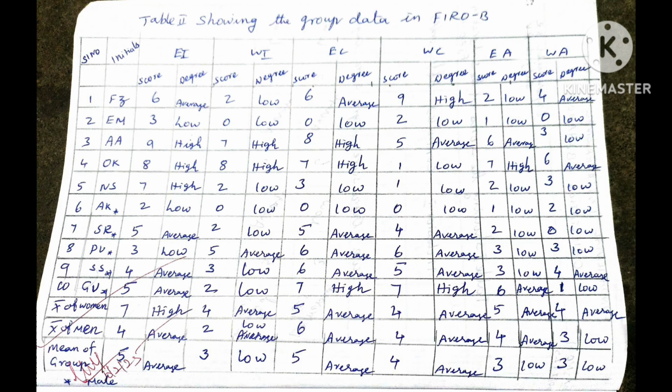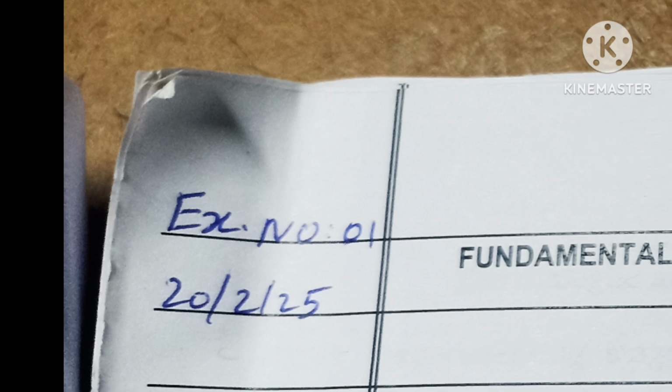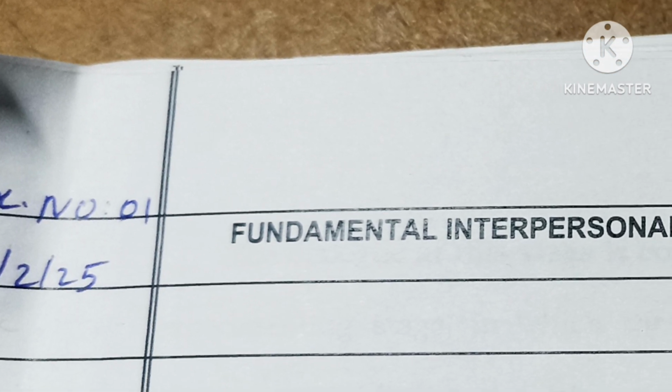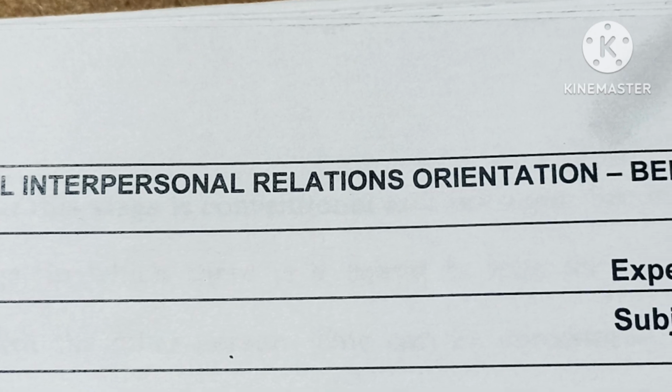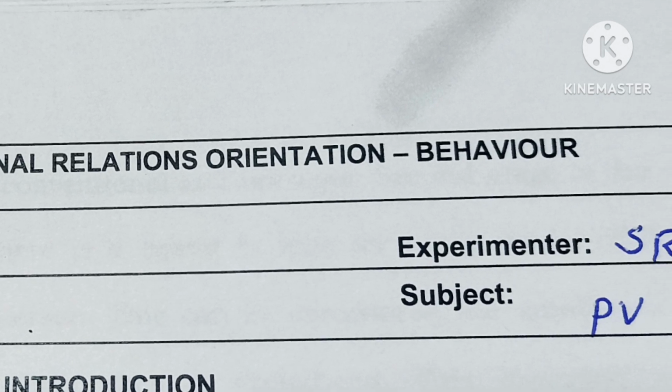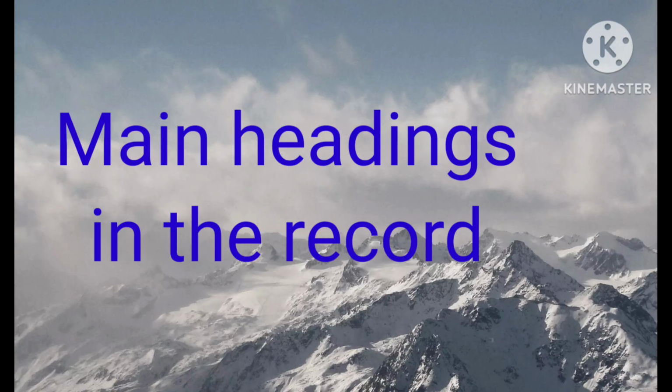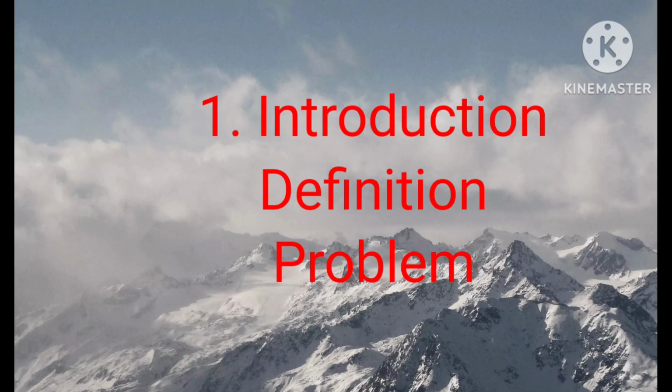In the record note, we have to write the exercise number on the left side in the margin. Below that we should write the date, and below the heading the experimenter initial and subject initial. After that, the introduction is to be written, and after the introduction we should write the problem.